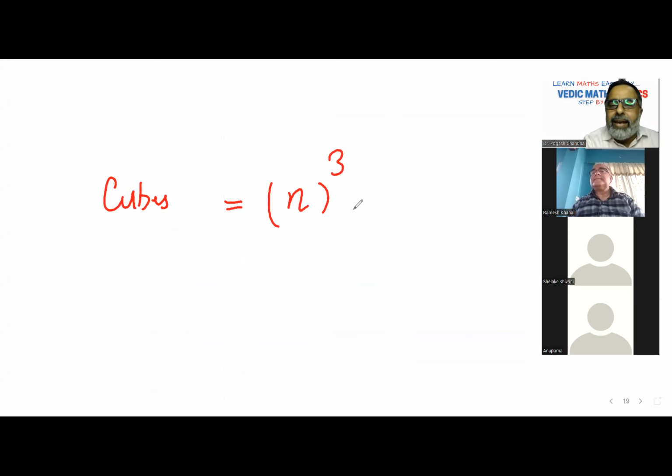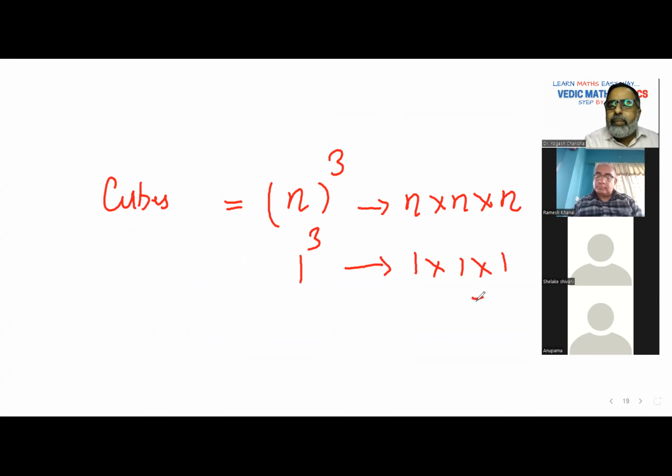So that means n is multiplied 3 times. So cube of 1 becomes 1 into 1 into 1, which is 1. Cube of 2 becomes 2 into 2 into 2, which is 8.